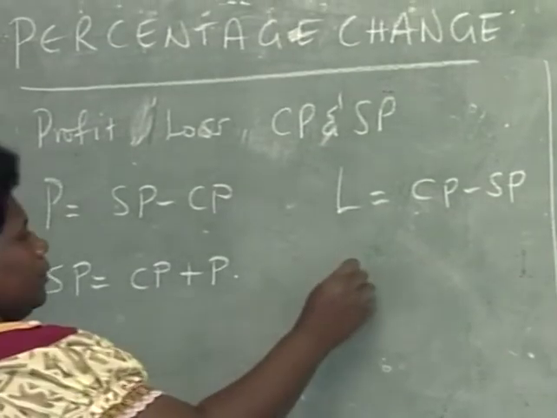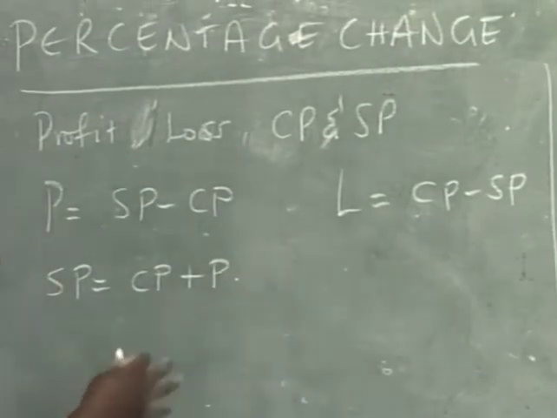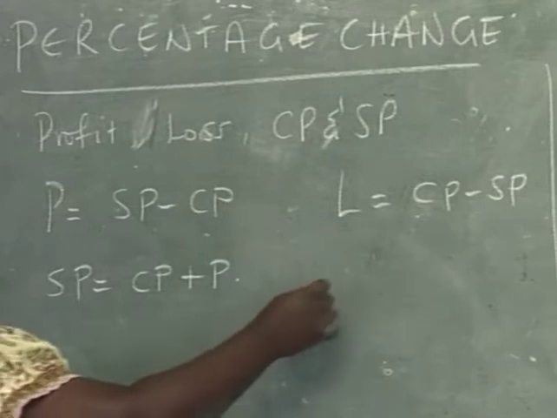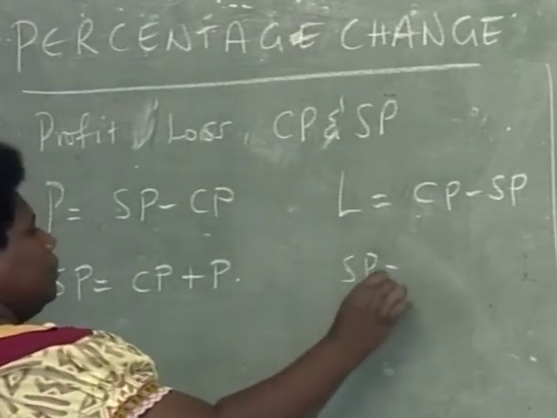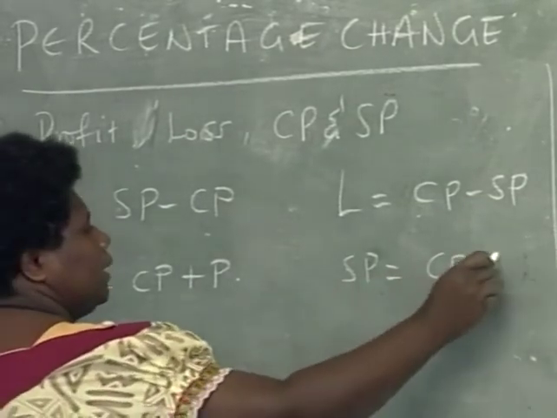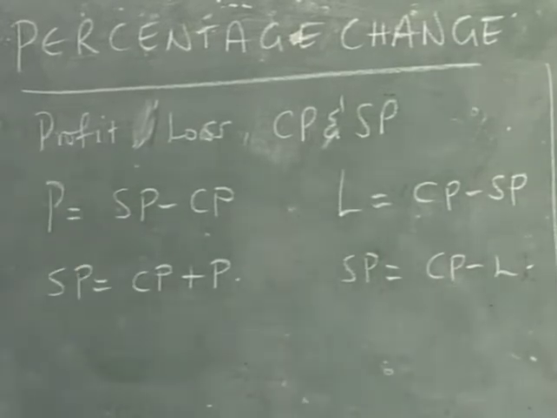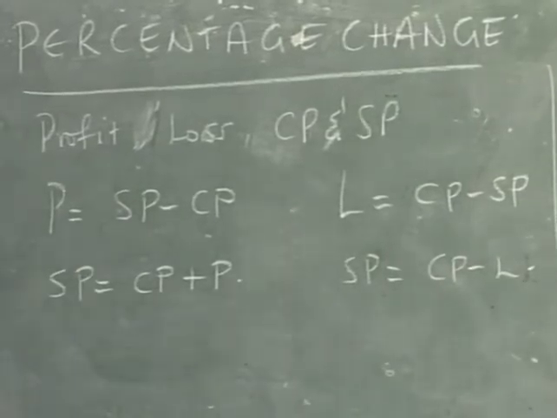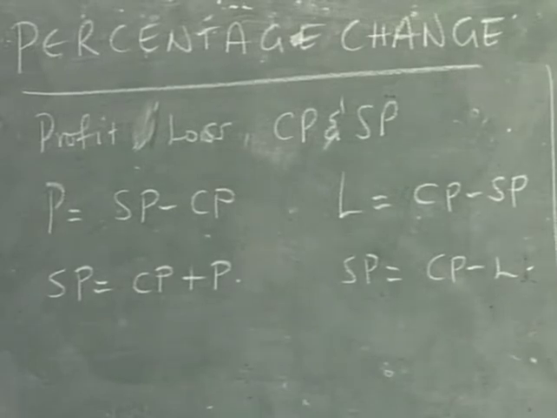If you're talking about loss, then the selling price will be less than the cost price, so it will be the cost price minus the loss.